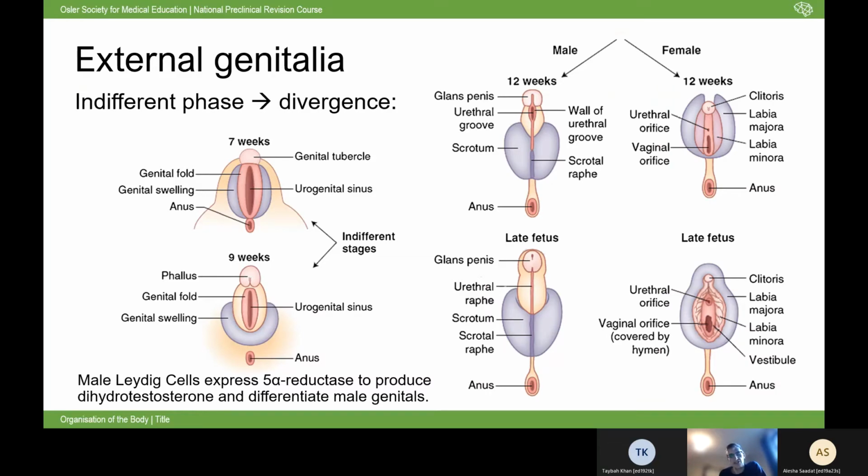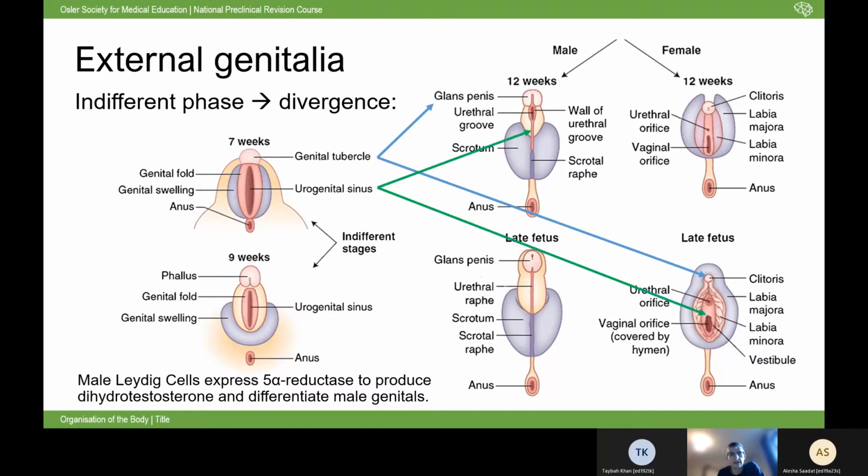The divergence is attributed a lot to those Leydig cells, which produce testosterone and push all the structures that you see here towards male development. So as you can see, common structures in the indifferent phase give different structures during development, depending on the presence of testosterone or not. So the genital tubercle forms either the glans of the penis or the clitoris.